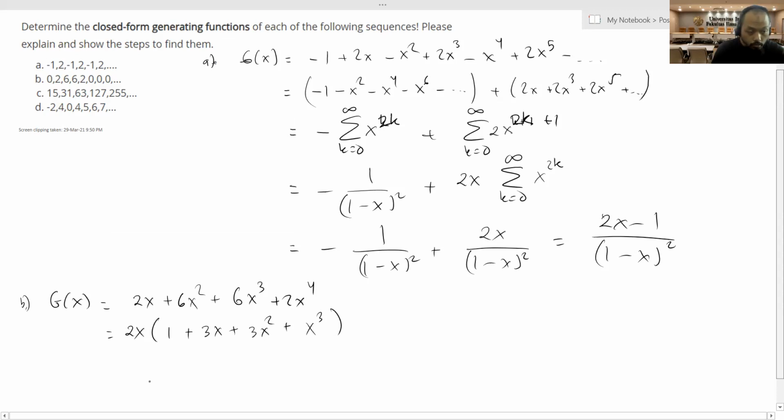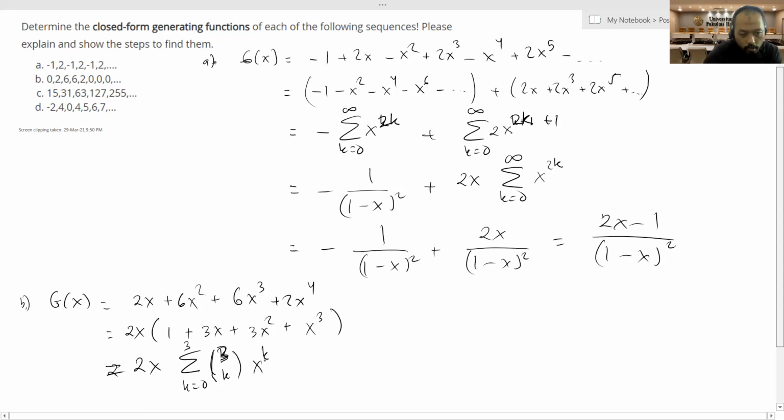So this is equal to 2x times the sum of k from 0 to 3 of the combination of 3 choose k, x to the power of k.